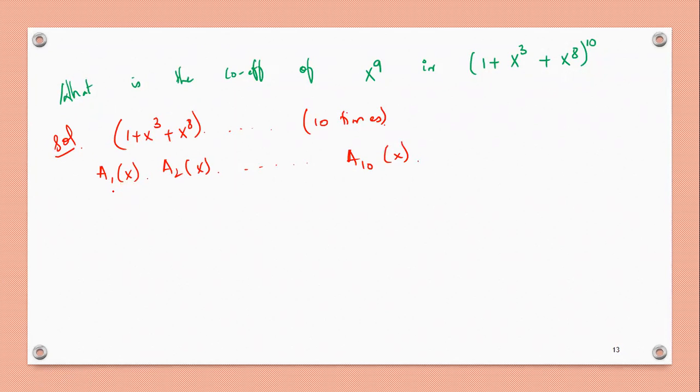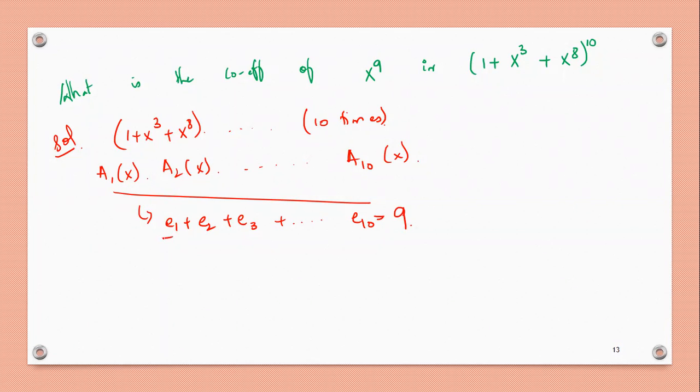Based on this, we can create e1 plus e2 plus e3 and so on up to e10 is equal to, which coefficient do we have to find? We have to find the coefficient of 9. So this is equal to 9.